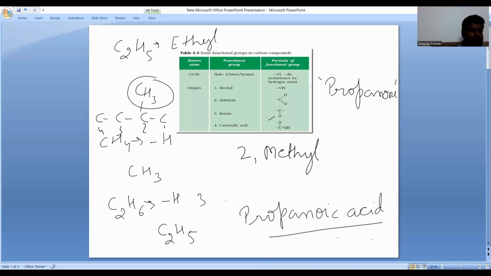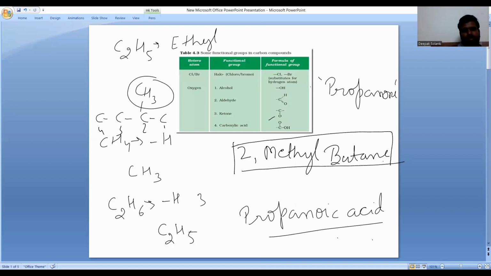How many carbons are there? 4 carbons are there, so we can write but for 4 and an for single bond. This will be the name of it. Understand?